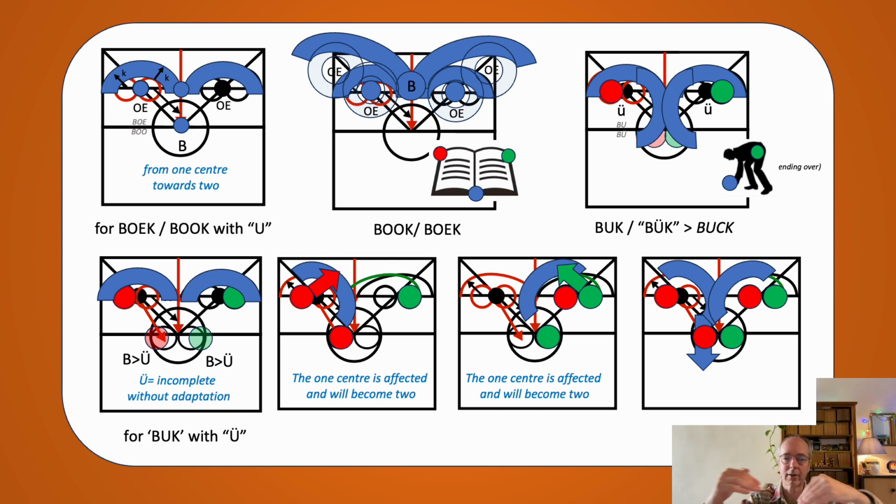So there's a disbalance, and this makes it go within, to the first center where it started to extend, and this will produce this form of BUK, as you can see already slightly explained underneath. So BUK is an incompleteness of adaptation. This first center that knows what it has to extend is affected, and it will become two parts. So you will have an adaptation in two parts until you know what to do.